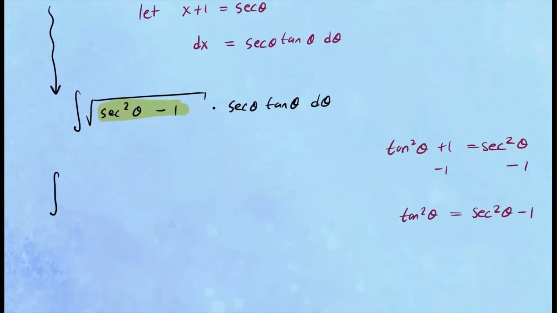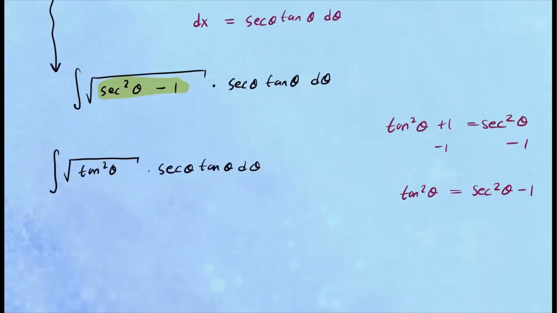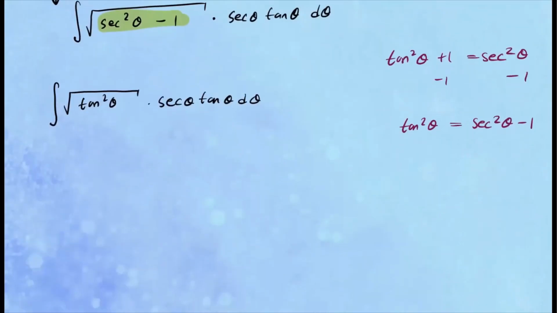So we have the integral of the square root of tangent squared theta. And this is still secant theta times tangent theta d theta. Now we just simplify. So assuming it's within its restricted domain, I can simplify this piece.